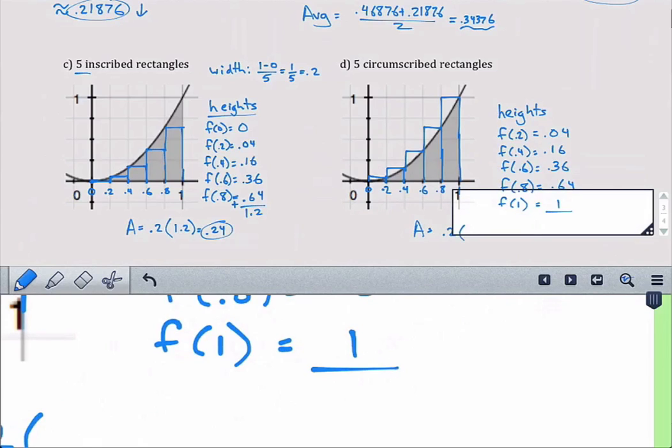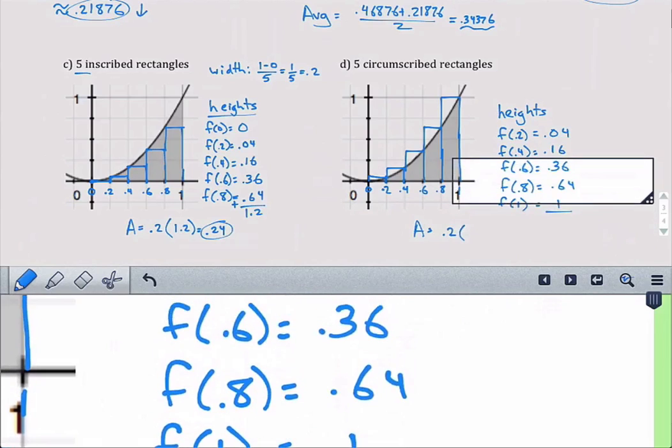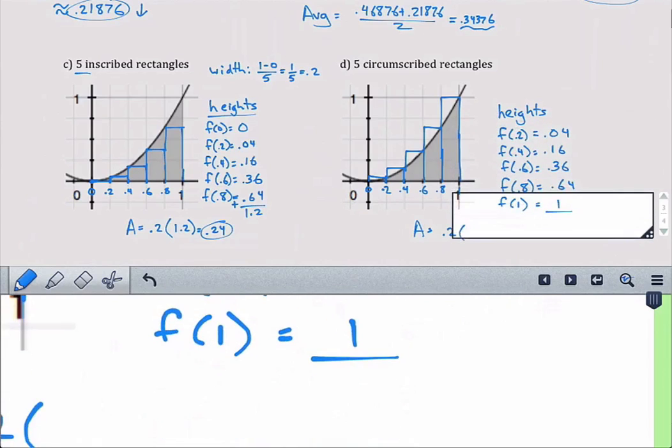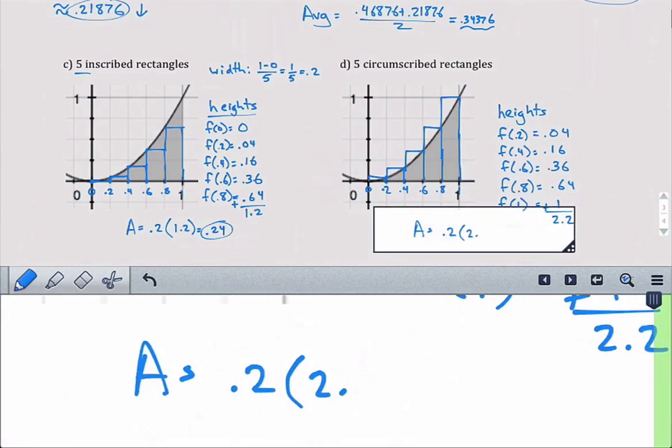So again, our area is going to be our width, which is 0.2, times the sum of all of our heights. So in this case, we have 1 plus 1 plus 0.2, and so that is 2.2. And so this area gives me about 0.44.